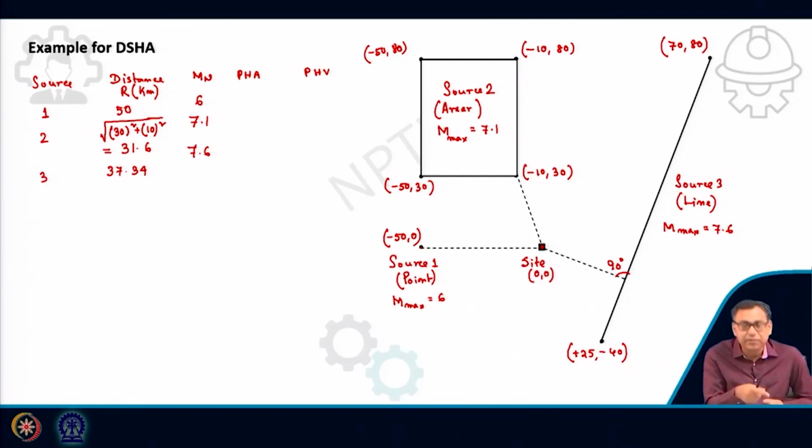So to identify the controlling earthquake, can we directly use just the closest distance? Will it work or not?